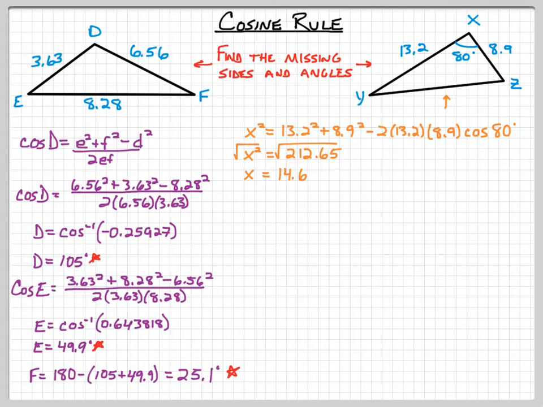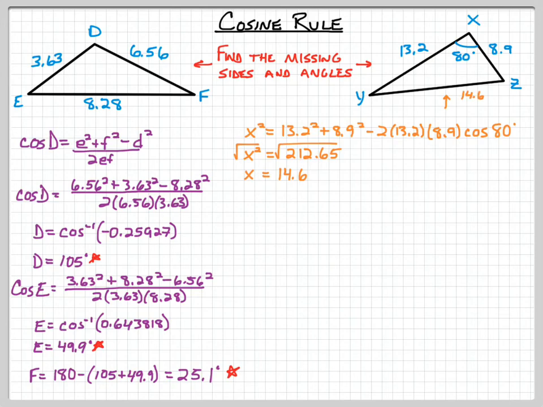We could use the cosine rule, but the cosine rule is going to have to use this 14.6. The only way to find an angle from that is to use all 3 sides. The sine rule also uses an angle and this 14.6 and then an unknown angle. So either way, you're going to have to use this 14.6 value again.